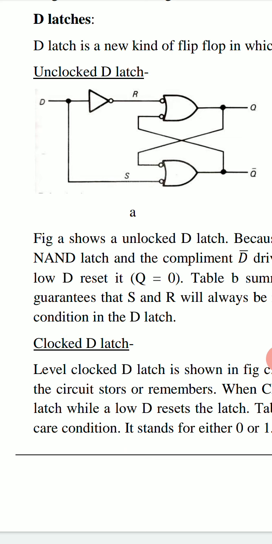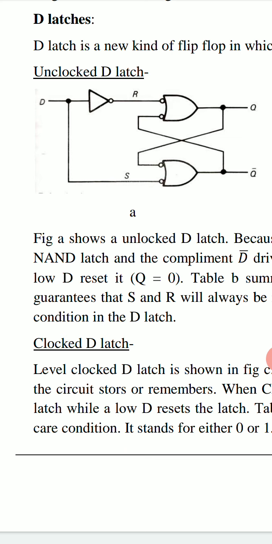D is an input bit, and we are using here two NAND gates, or in place of two NAND gates we can use this circuit having two OR gates with inverted inputs.